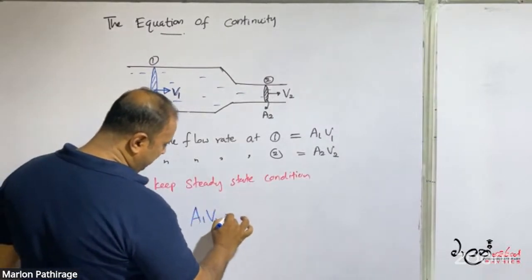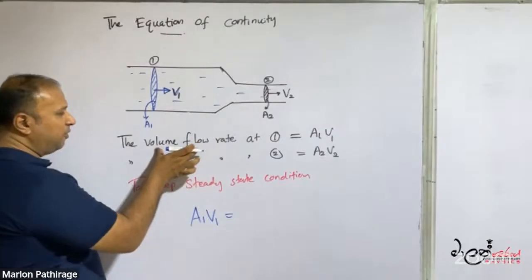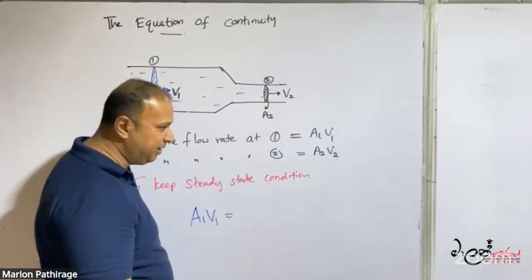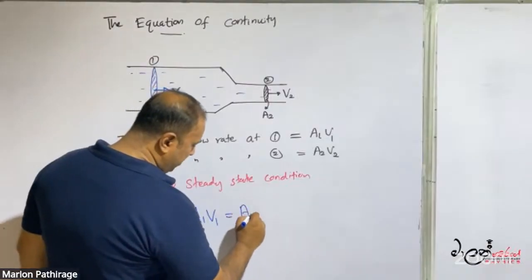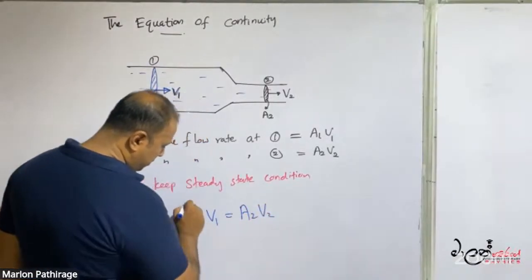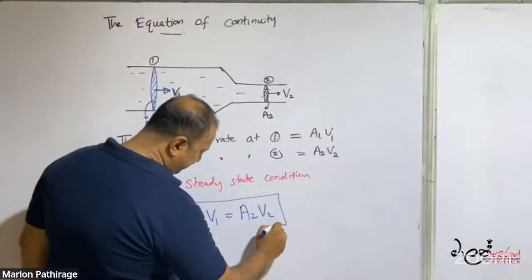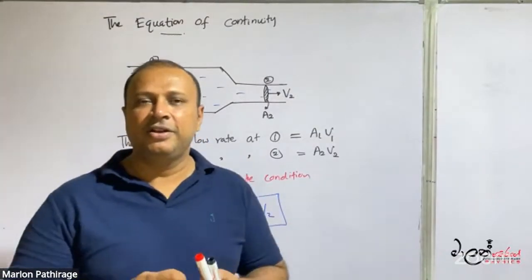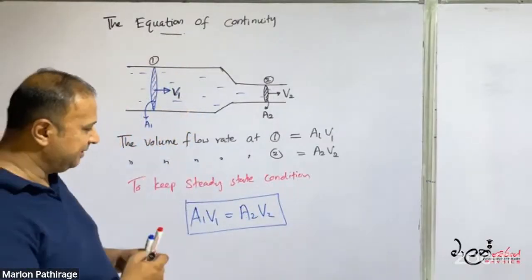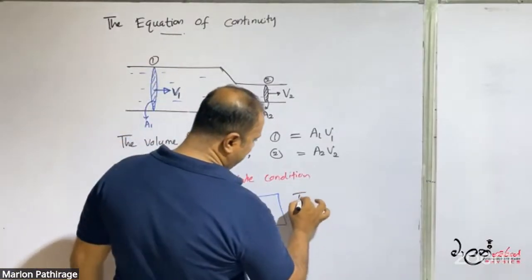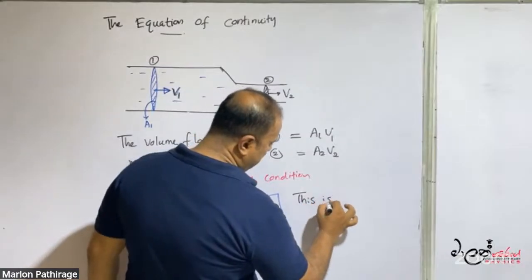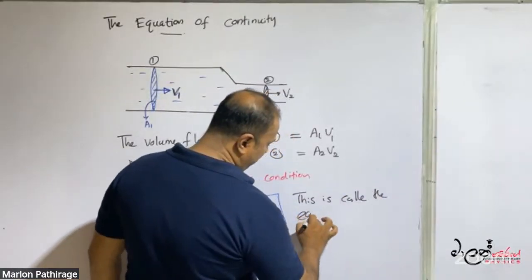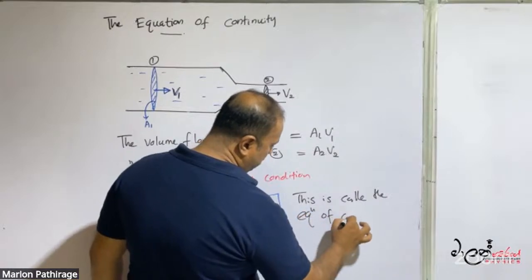A1 V1, that is the volume flow rate at point A, should be equal to the volume flow rate at point B. This is called the equation of continuity.